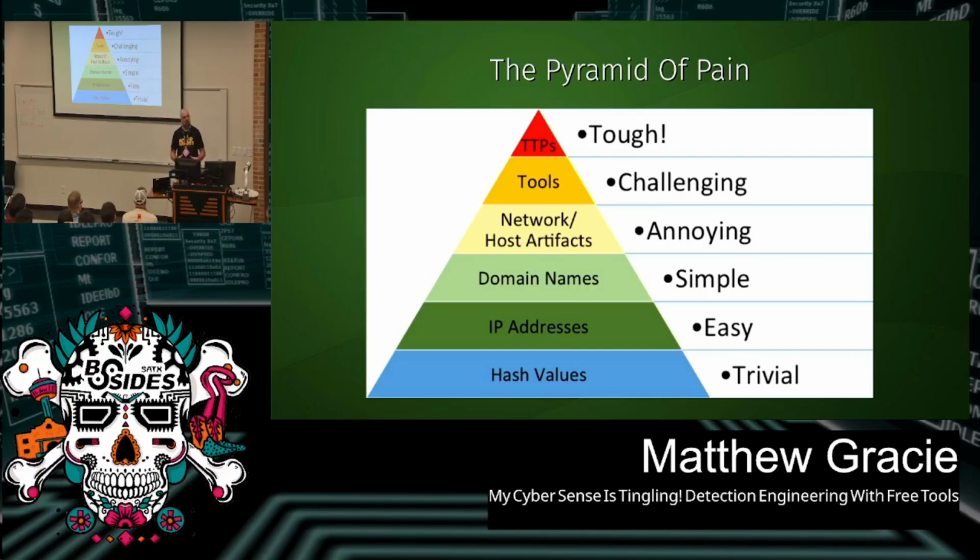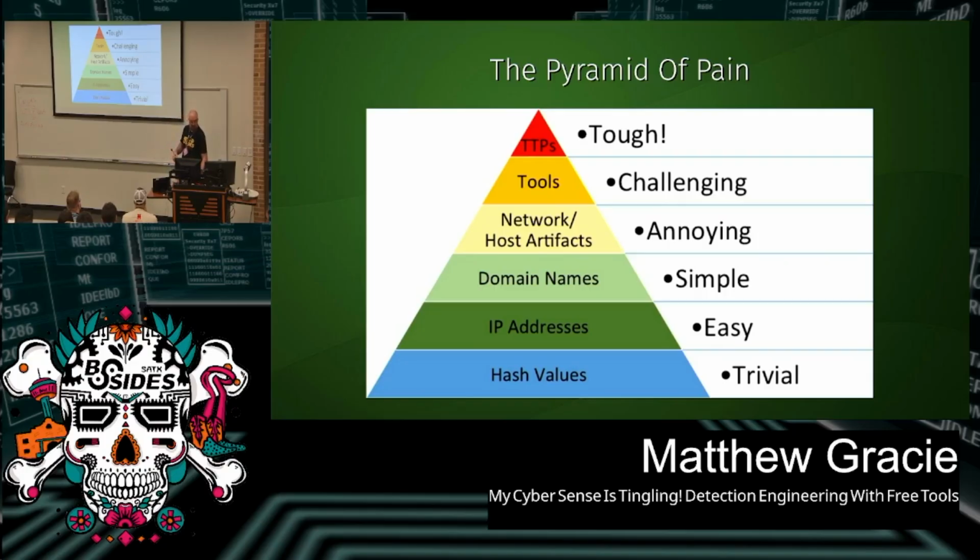If we can write rules that spot their actual methodology, independent of the tool, independent of the hash values, independent of the IP address, independent of the domain name, right? If we can write clear, consistent, actionable detections based on the TTPs, then that gives us really good alerting, and it's really hard for the bad guys to change it. Right?